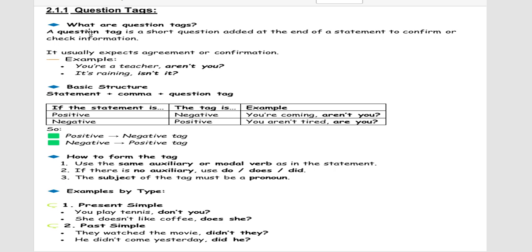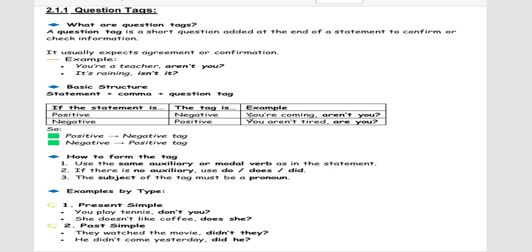Just to quickly brief you, one of the topics is going to be question tag. I'll take these 2 examples which have been given here, which say that if the statement is positive, the tag is going to be negative. Let's see how the rule stated here is actually true.